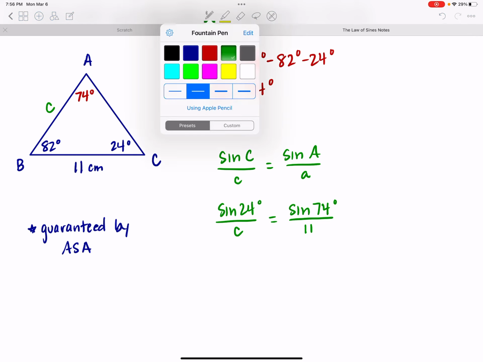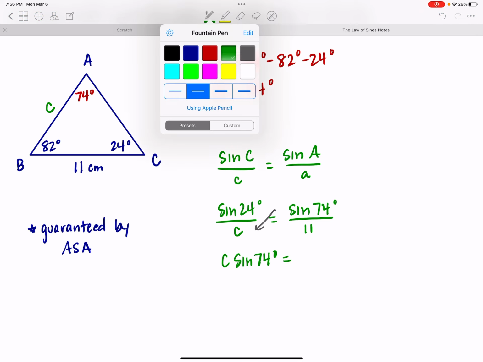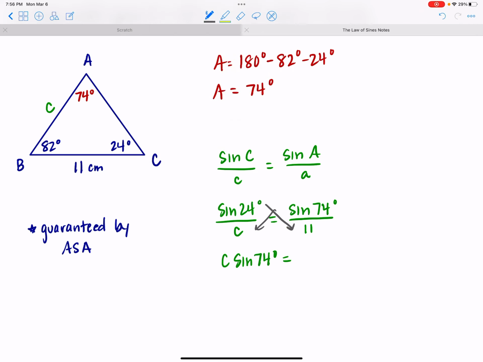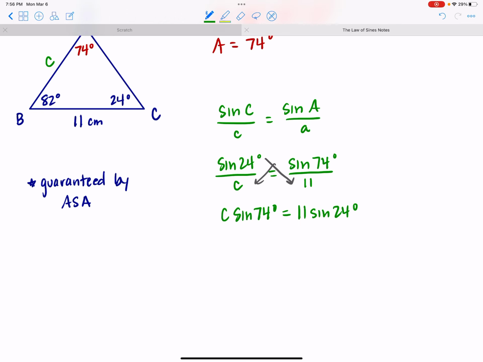And again, technically we're cross multiplying to solve, although after you do these for a while you can kind of skip some of this. So C times the sine of 74 degrees equals, cross multiplying, 11 times the sine of 24. And then to solve for C, which is being multiplied by sine of 74, I divide.